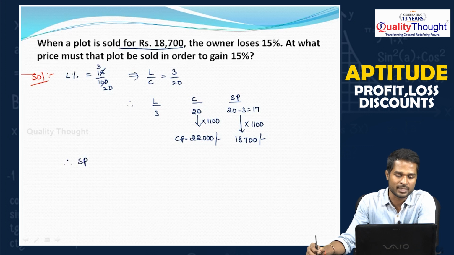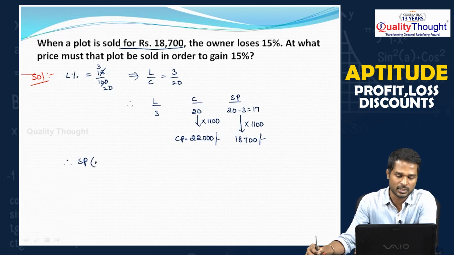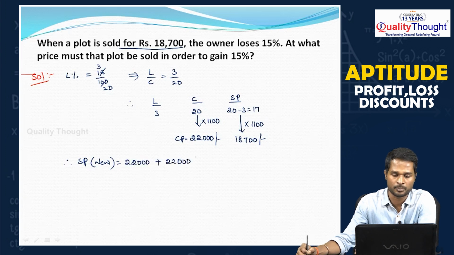So, the new selling price, okay, selling price new we will write. So, new selling price is 22,000 plus, on this 22,000 we need to get a profit of 15 percentage. Okay. Now, cancel the things.